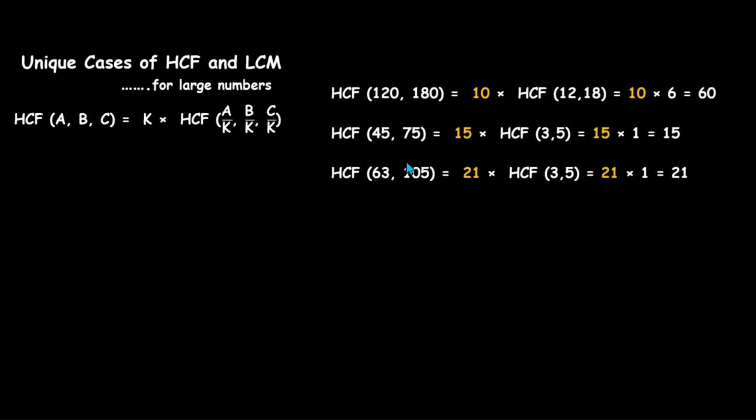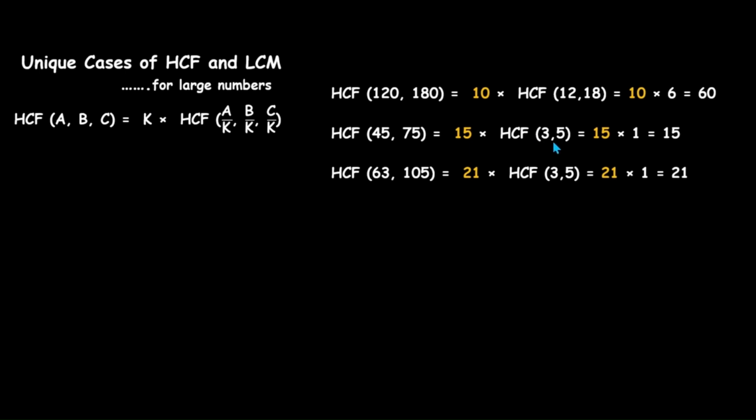Similarly, these two examples, 45 and 75, 15 would be the common factor for 45 and 75, and if we take out 15 as a common factor, then the numbers would be reduced to 3 and 5. 45 by 15 is 3 and 75 by 15 is 5.